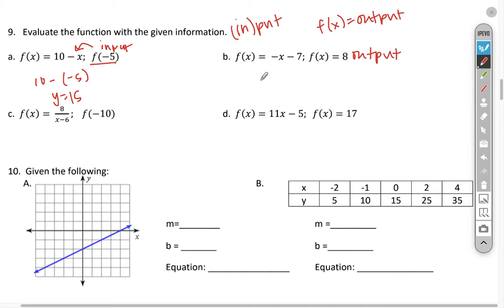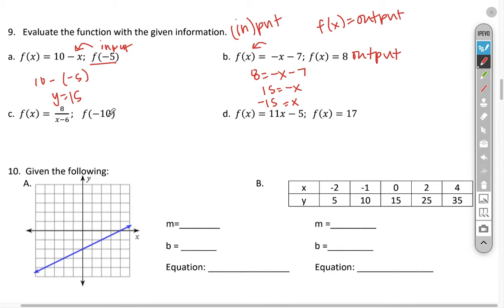So we're going to have to plug it in for f of x. So we get 8 equals negative x minus 7. We're going to add that 7 to the other side. We get 15 equals negative x. We don't want our x to be negative, so we're going to divide by negative 1, which really is just flipping the signs. So x equals negative 15.